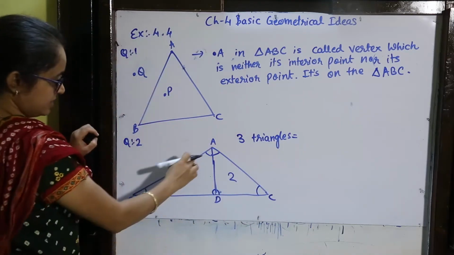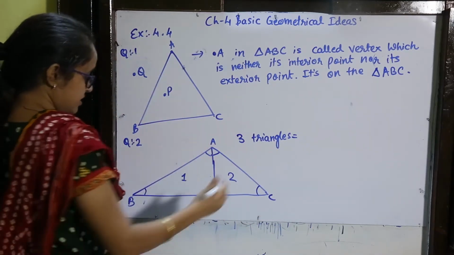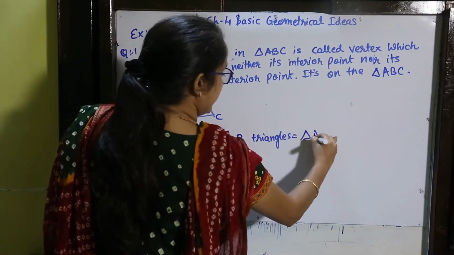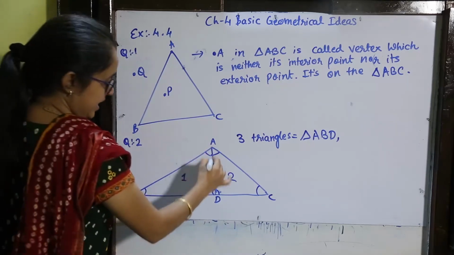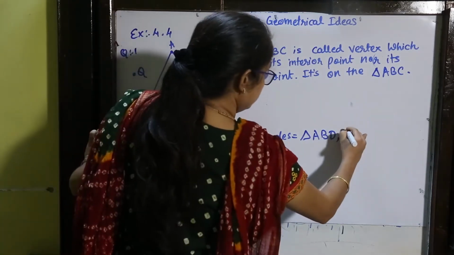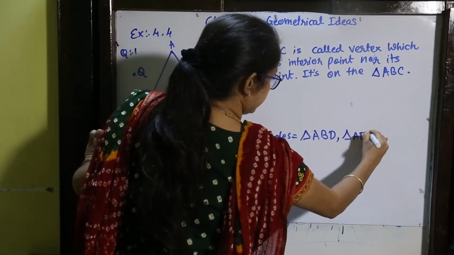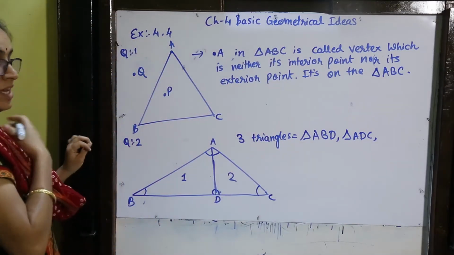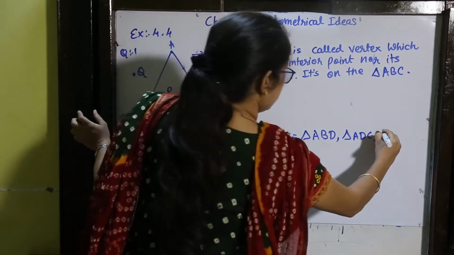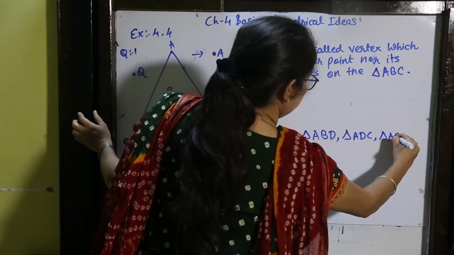The 3 triangles are, first triangle is this, triangle ABD. Second triangle I am writing ADC, triangle ADC, and the third triangle is the whole triangle. So it is triangle ABC.